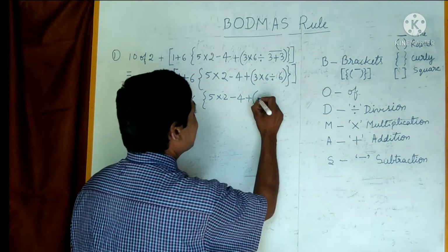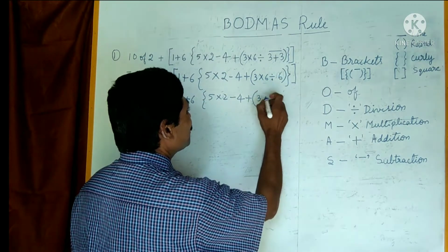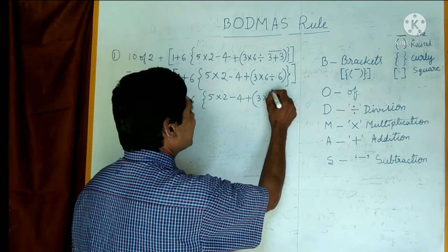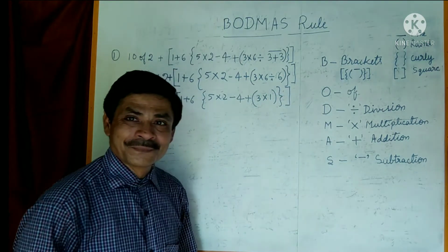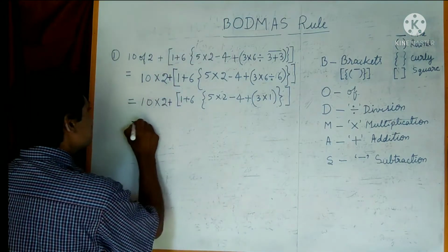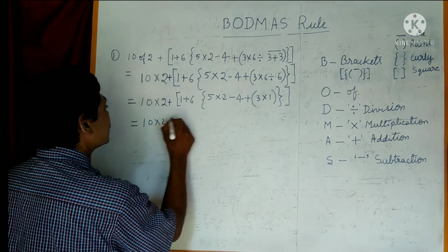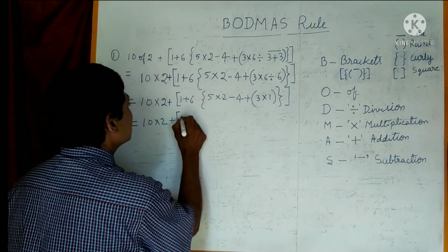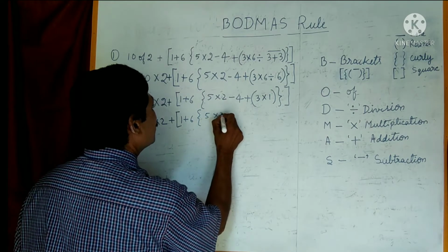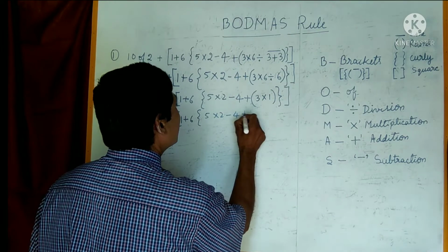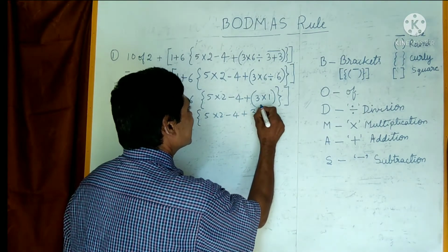Okay? We will write 3 as it is. 6 divided by 6 is equal to 1. Now this is equal to 10 into 2 plus 1 plus 6, 5 into 2 minus 4 plus. Now we will remove this bracket. 3 into 1 is 3.